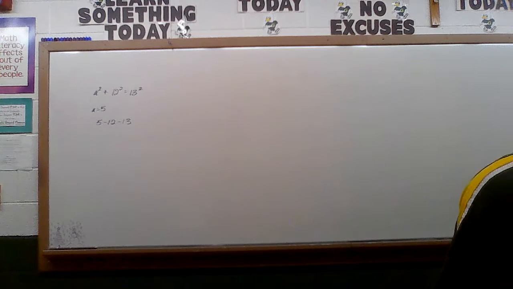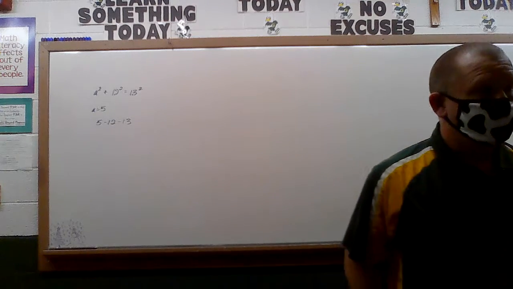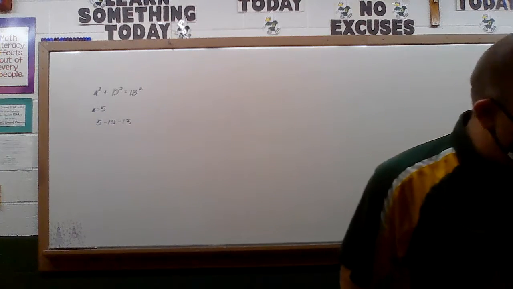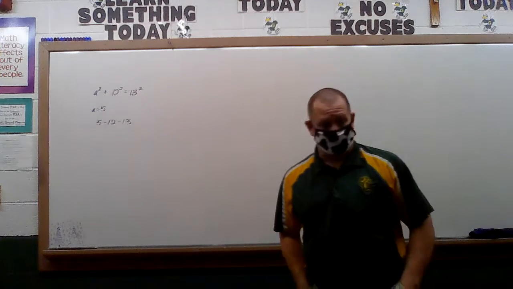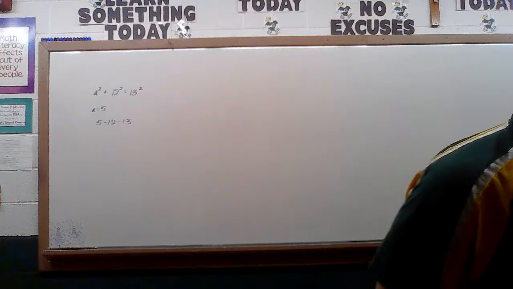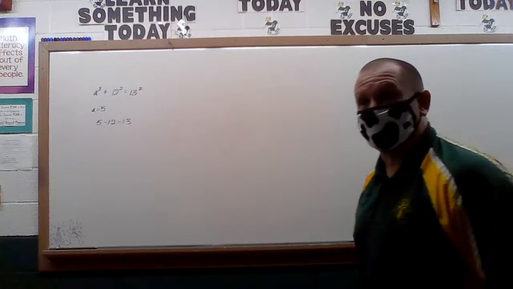Number 12, what would you call TQ or XW in this case? TQ is an altitude, do you agree? Everybody agree with that? Can it be something else? Can TQ be a perpendicular bisector?